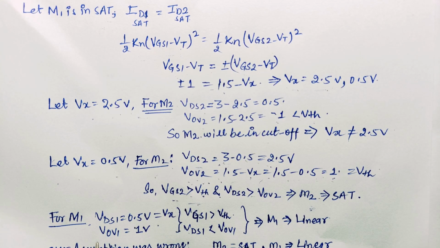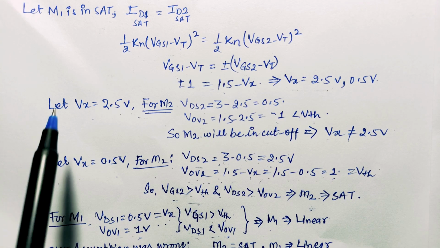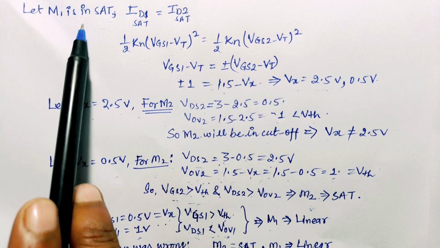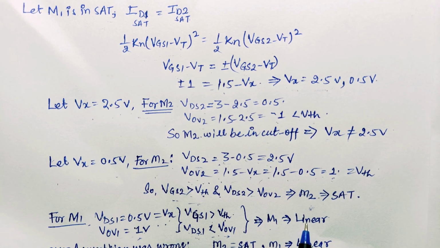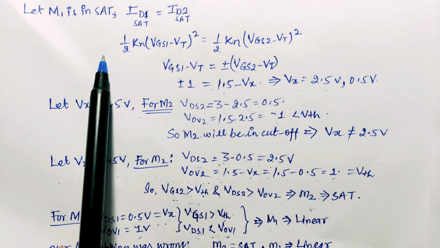So from here we can see that VGS1 is greater than VTH, and the drain to source voltage, that is Vx, is equal to 0.5 volt. This is less than the overdrive voltage, which is 1 volt. Since the drain to source voltage is less than the overdrive voltage, we can say that M1 is in linear region. But in our assumption, we had assumed that M1 is in saturation region. Our solution says that M1 should be in linear region. So our assumption was wrong.